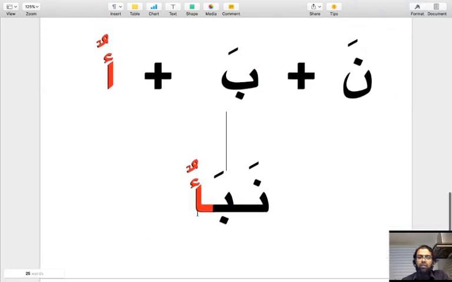And this is how alif is written as the last letter of a word. Okay, so this is the final form of alif. So this is a noon, you can see the dot over here. So na, this is a ba with a dot underneath, na ba, and this is an alif which is joined with the ba over here. Okay, na ba un, which means news.